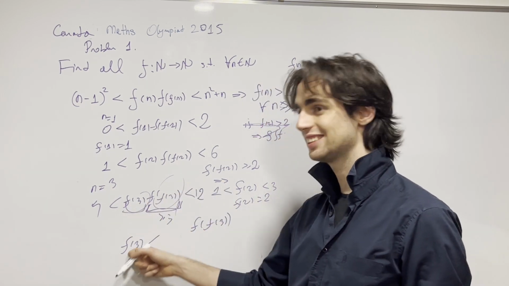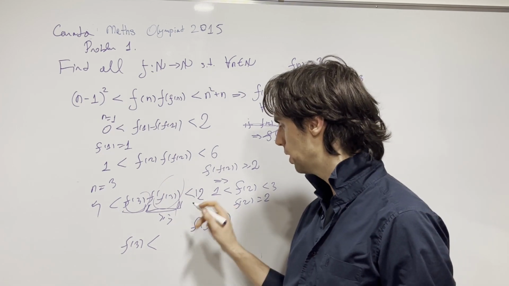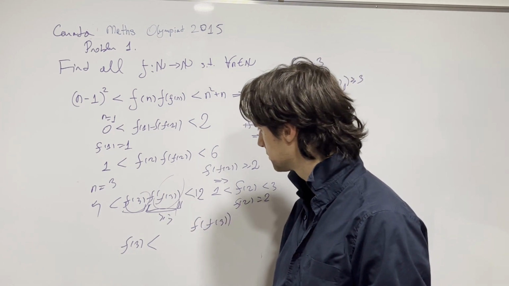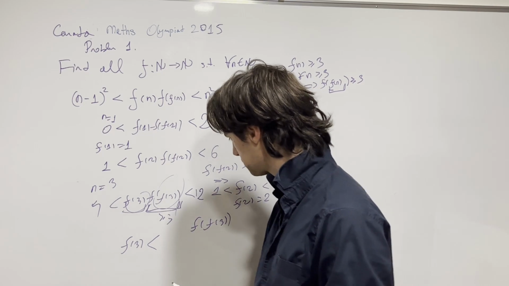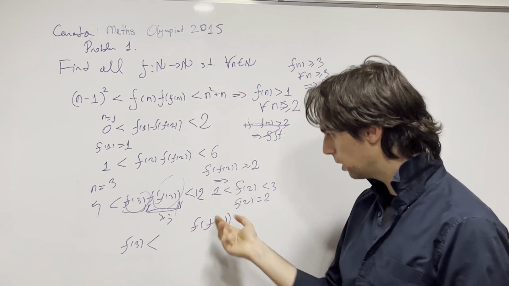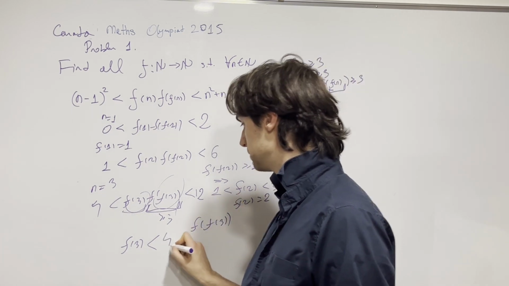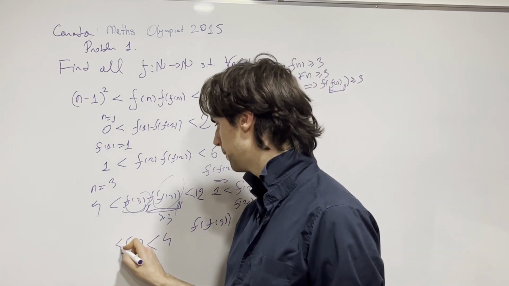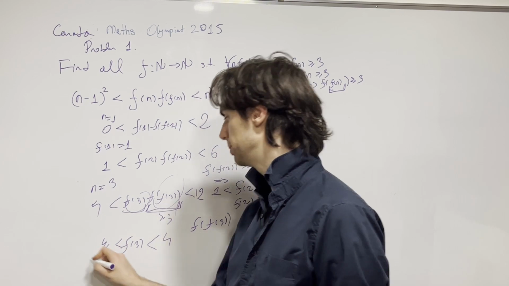So it means that this is less than 12 over 3. Actually, I might have messed up the 12. Have I messed up the 12? No, I've not messed up the 12. Everything is good. So now this f of 3 is then less than 4, greater than 4 over 3.